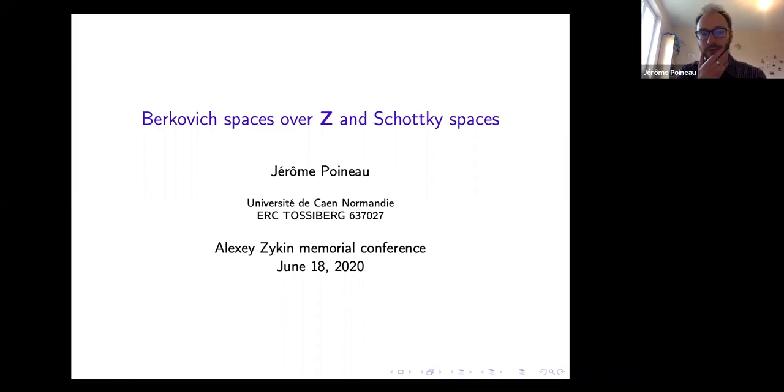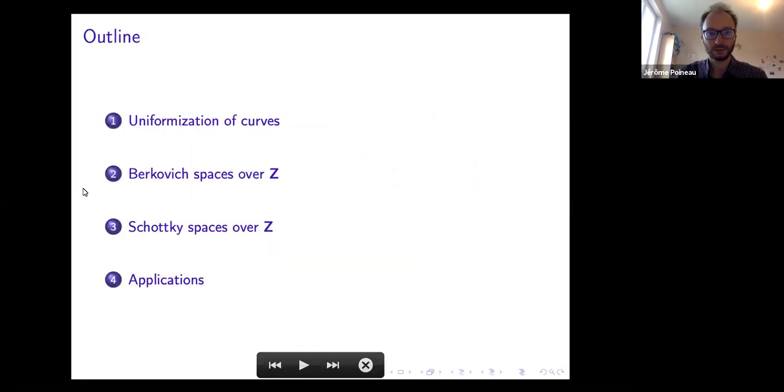So I'm going to speak about Berkovich spaces over Z and Schottky spaces. Here's what I plan to do. First, I'll begin by briefly reviewing what's known about uniformization of curves, first in the complex case, but also in the non-Archimedean setting.